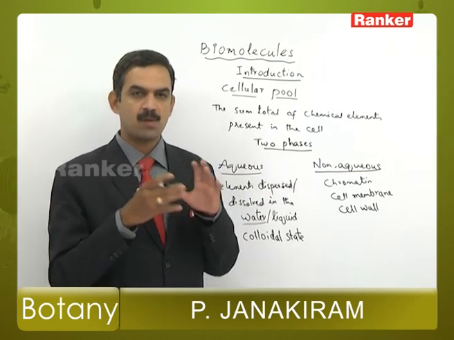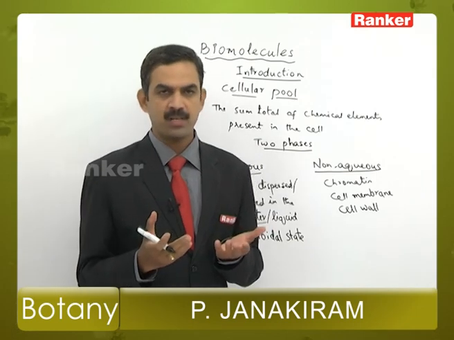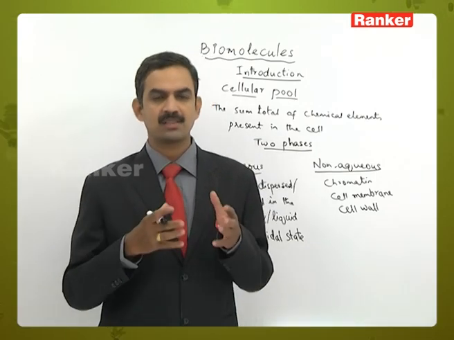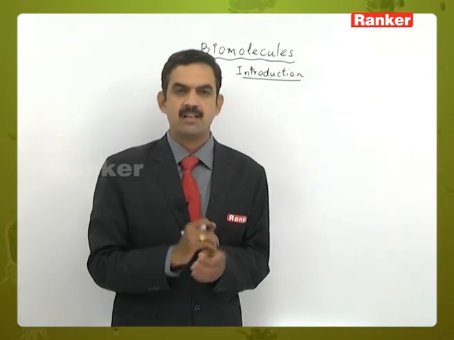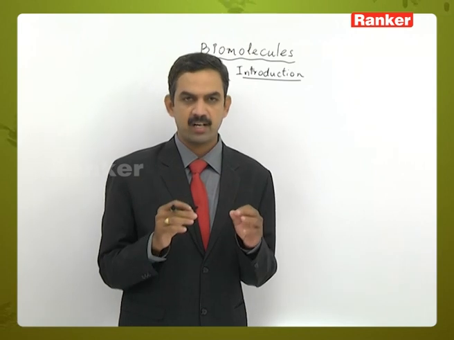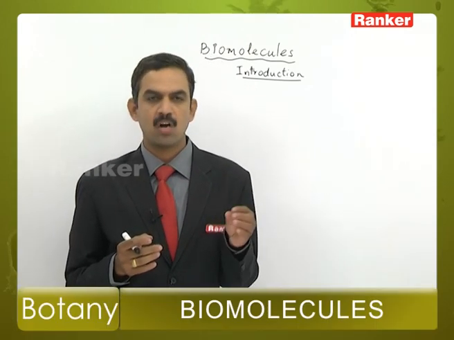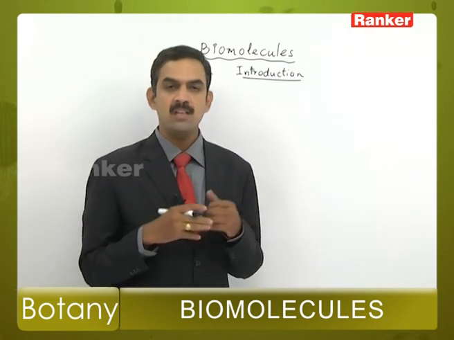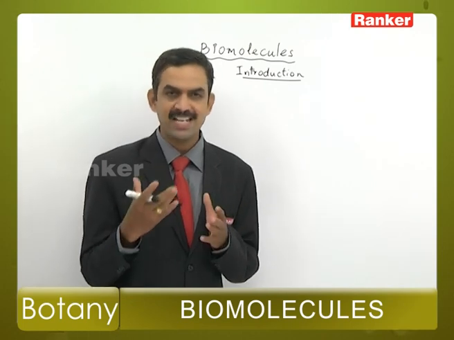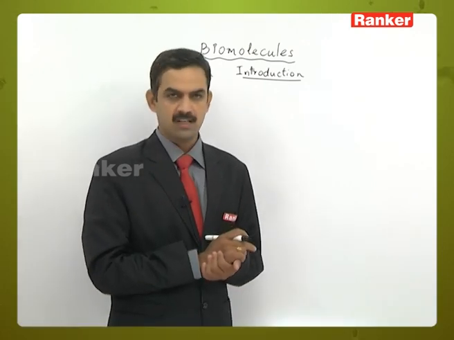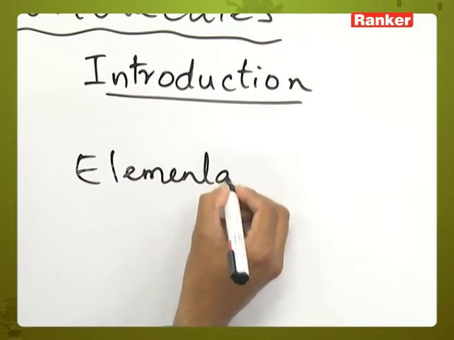So this is about the elements which are present, but which types of elements are present and how many are present are to be analyzed by various techniques. If we take a living system, any living organism or cell of any living organism, like a plant, an animal or a microorganism, and we want to know how many and what elements are present in a cell, that has to be done by elemental analysis.